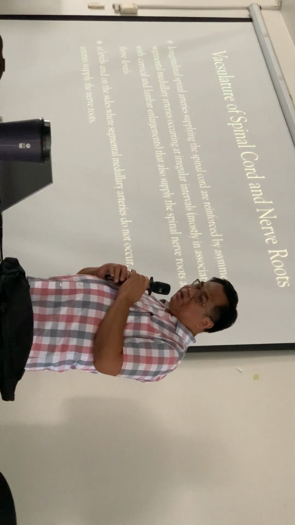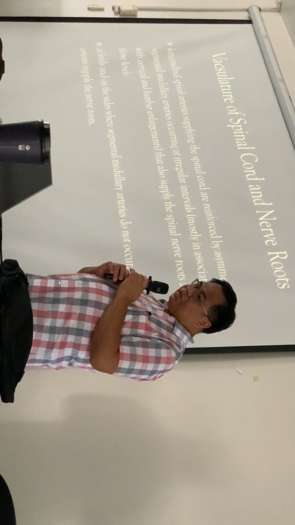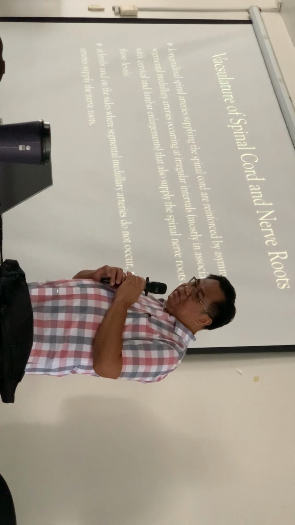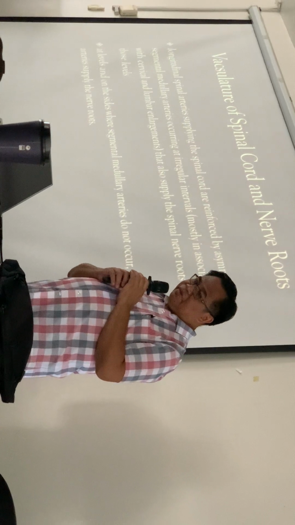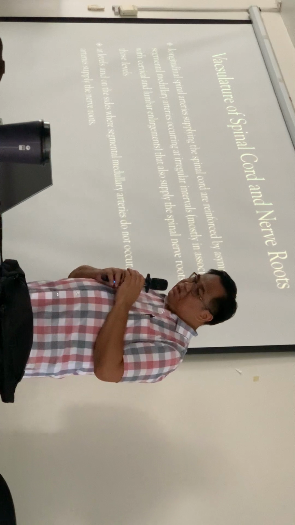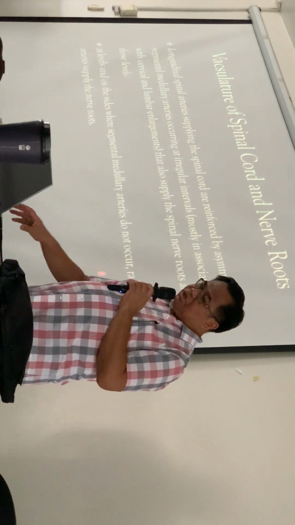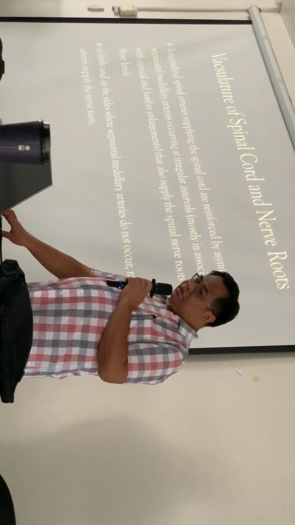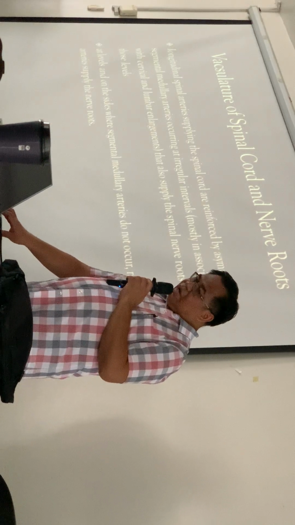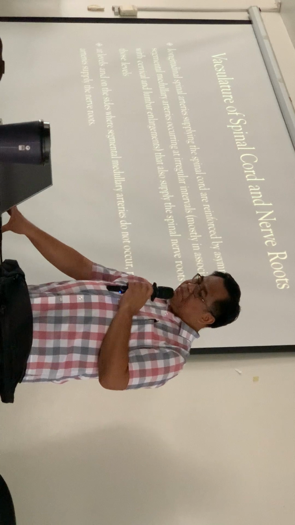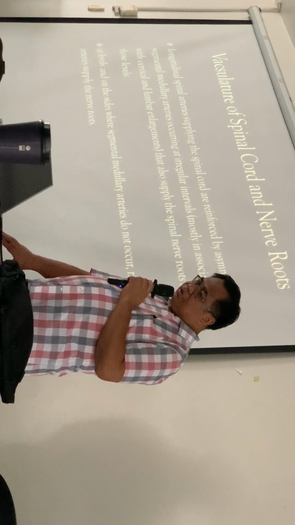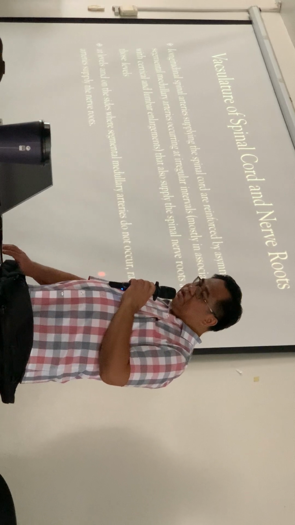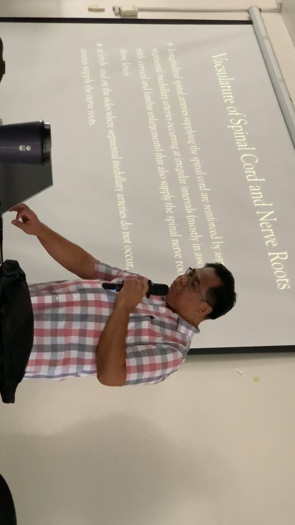They are reinforced by asymmetric segmental medullary arteries occurring at irregular intervals, mostly in association with cervical and lumbar enlargements, that also supply the spinal nerve roots at those levels. At levels and on the sides where segmental medullary arteries do not occur, radicular arteries supply the nerve roots.